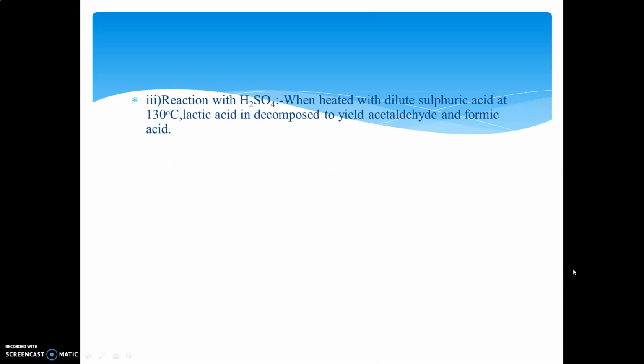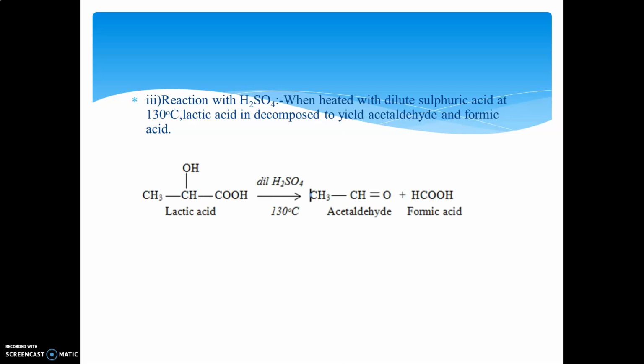When heated with dilute sulfuric acid at 130 degrees centigrade, lactic acid is decomposed to yield acetaldehyde and formic acid. With concentrated sulfuric acid, formic acid is further decomposed to carbon monoxide and water.